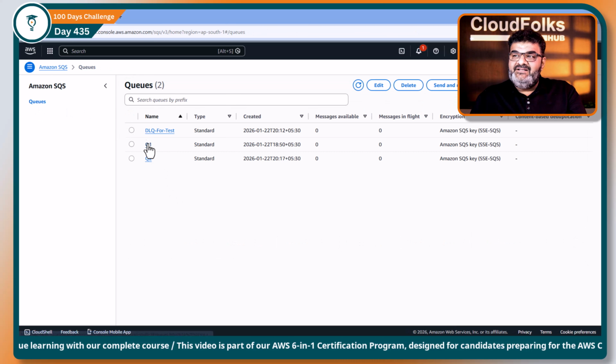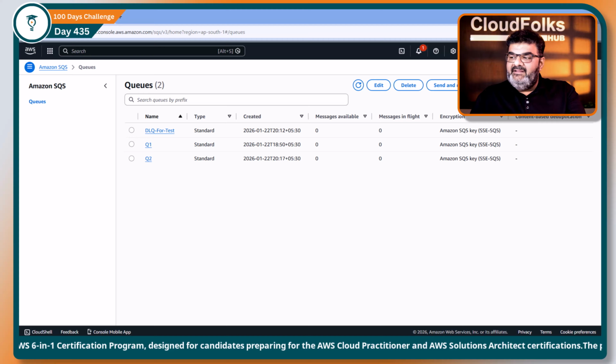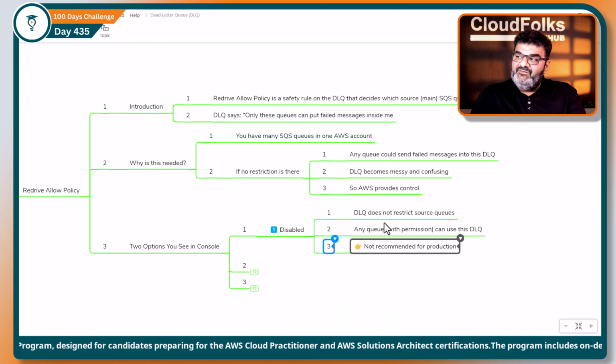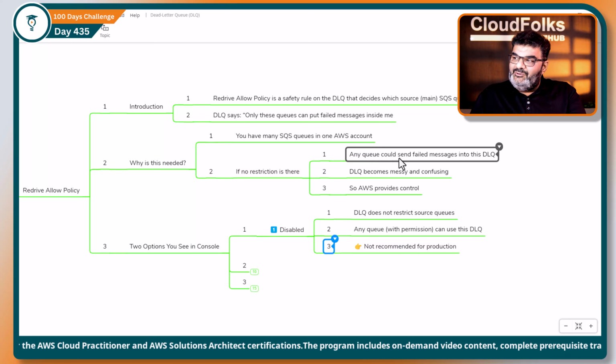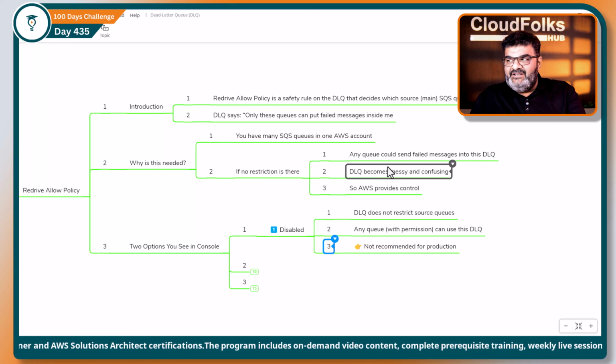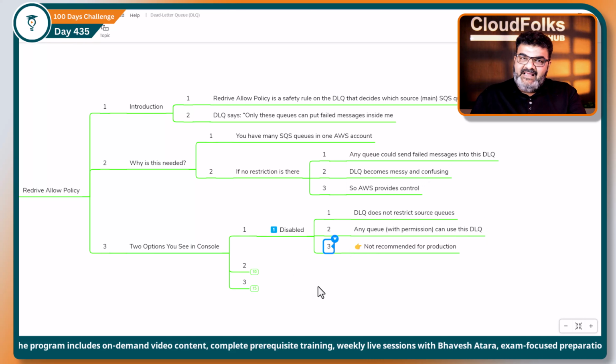Now if you look at this condition, Q1 and Q2 have the same DLQ, right? And if you allow this, what will happen? Any queue could send failed messages into the DLQ. The DLQ becomes messy and confusing, okay? And it is actually not recommended.